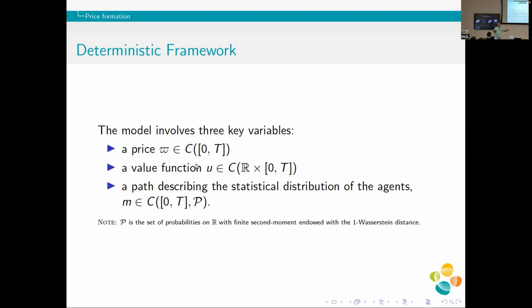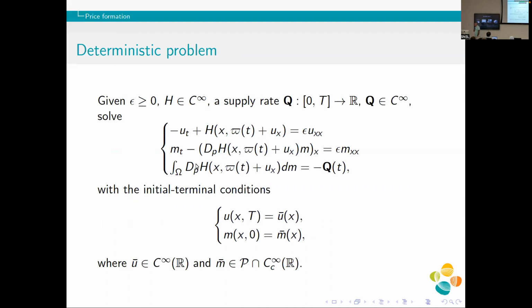Agents have a certain distribution of charges, and you keep track of the distribution of battery charges along time. So a price; a value function, where a single agent tries to maximize profit, the best he or she can do; and a path on the space of probability measures that tells how charged the batteries are at different times.